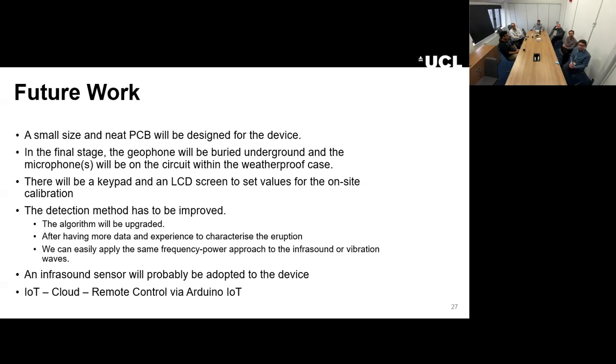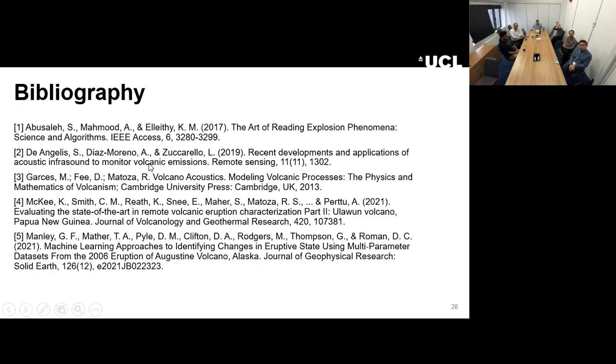And we are planning to use an IoT interface to remotely control the Arduino, to check its states and to be able to trigger the radar even if there's no eruption. We want to trigger it remotely, from here or somewhere else in the world.